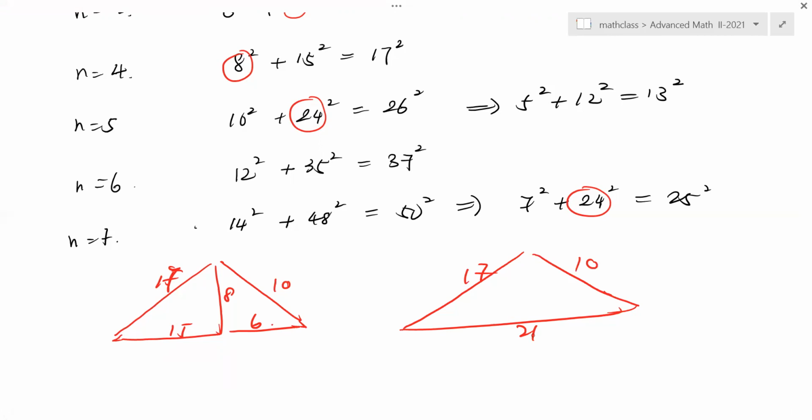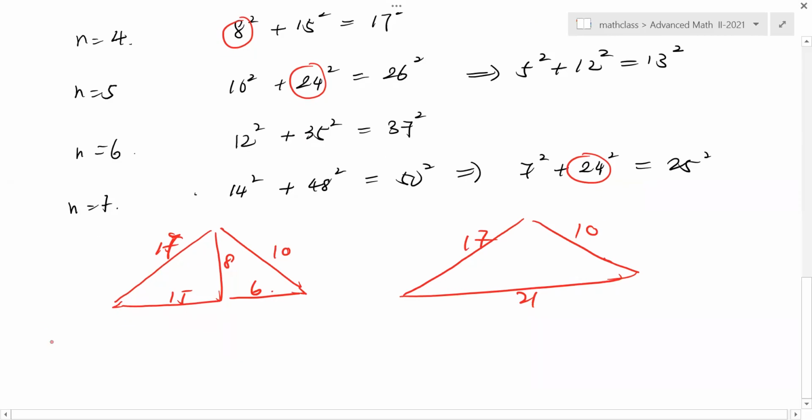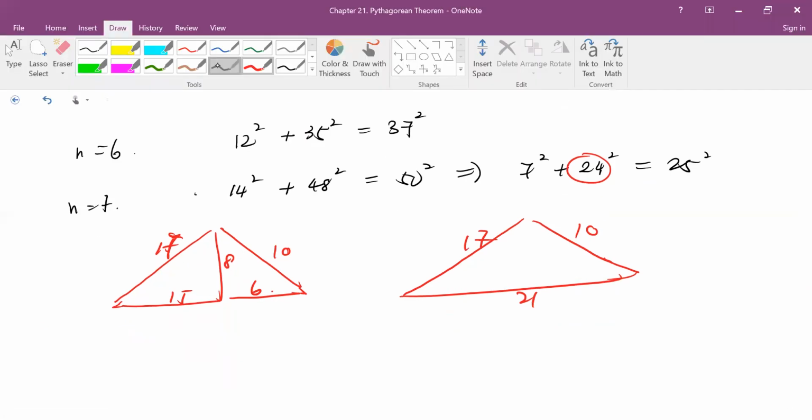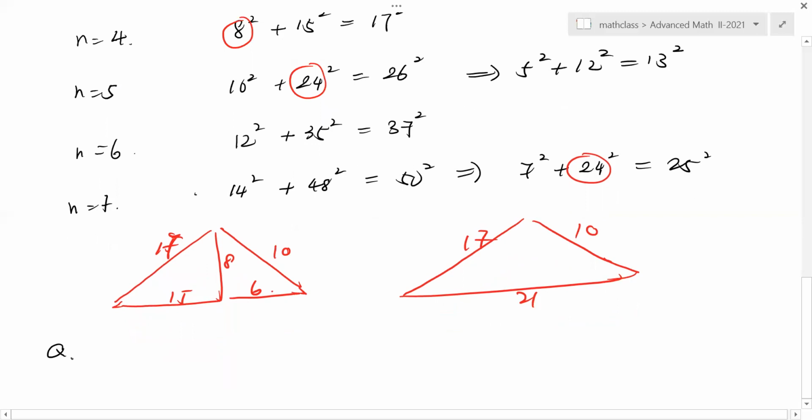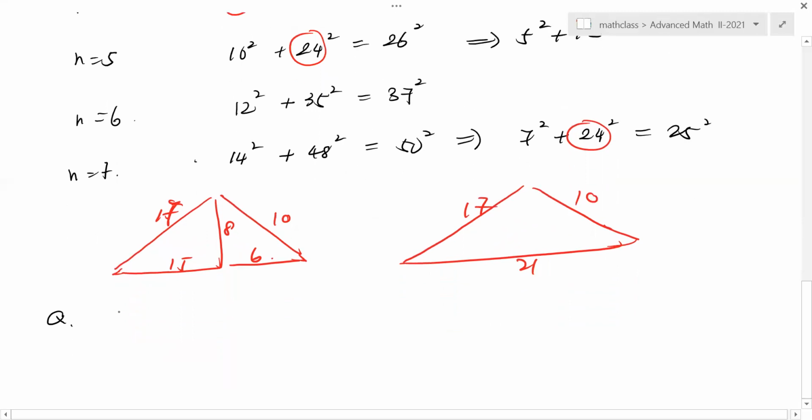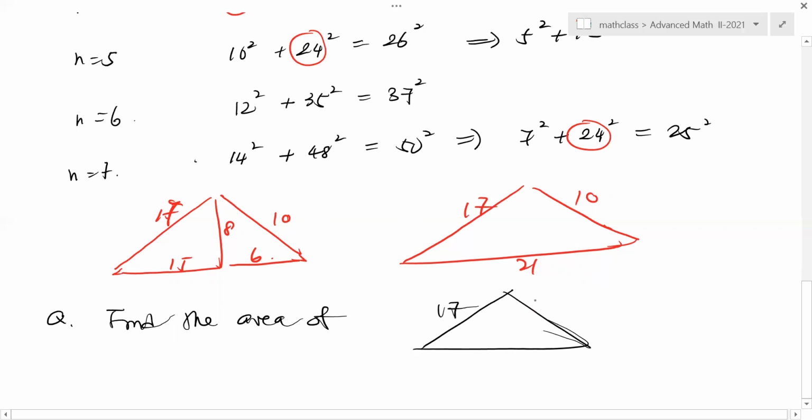If you know this consists of two right triangles, you can solve the problem, okay? So my question is, this is the way you can use it: find the area of the triangle. It's not a right triangle, 17, 10, 21.